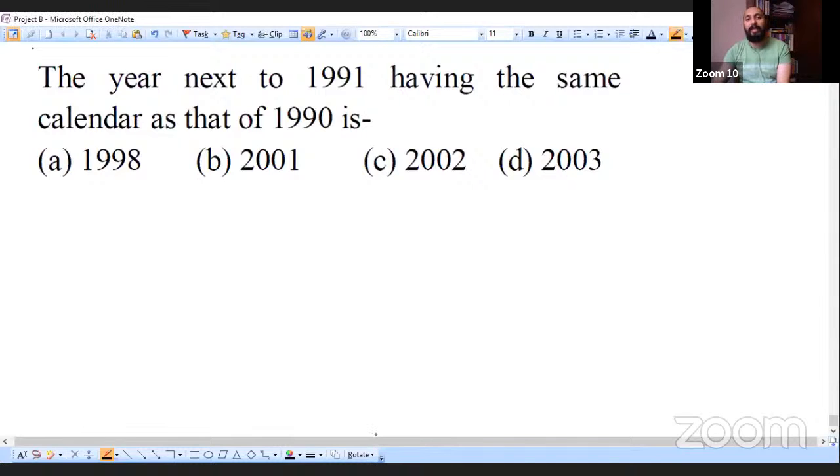The year next to 1991 having the same calendar as 1990, they are asking. What is the right answer?